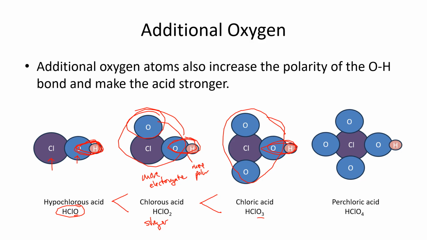And finally, perchloric acid, which is one of our strong acids at 100%, has the electronegativity of all four oxygens plus the chlorine, all drawing electrons away from the OH bond, and makes this easier to come off and makes this the strongest of these acids.